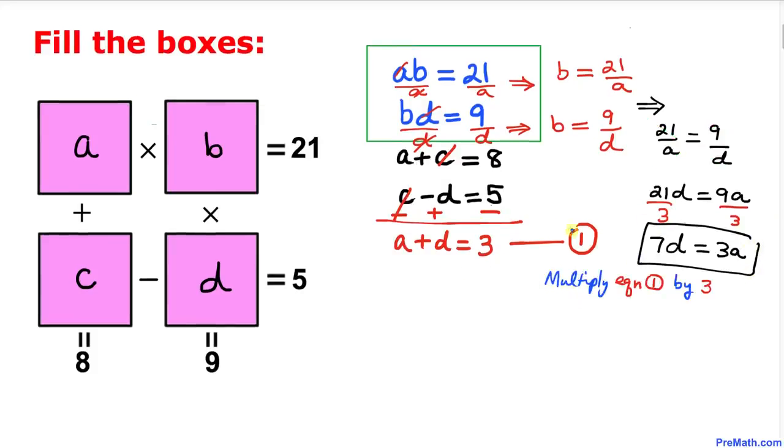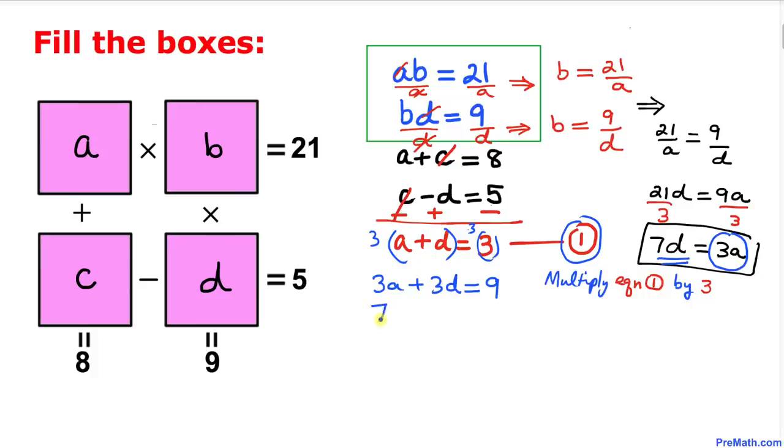And here's our next step. Let's multiply equation 1 by 3 on both sides. So we are going to get 3A plus 3D equal to 3 times 3, which is 9. And we know that 3A equal to 7D, as we figured out before. Let's replace 3A by 7D.